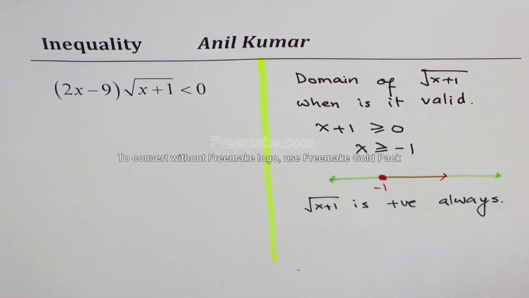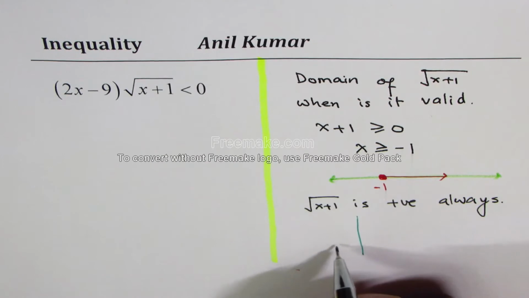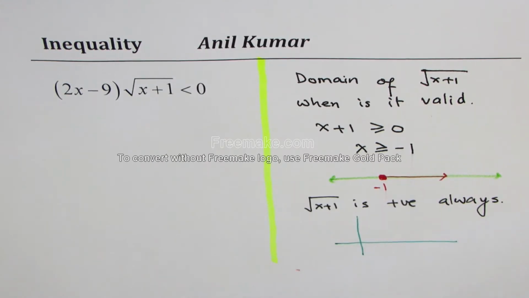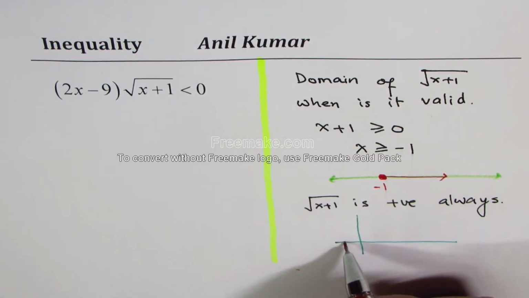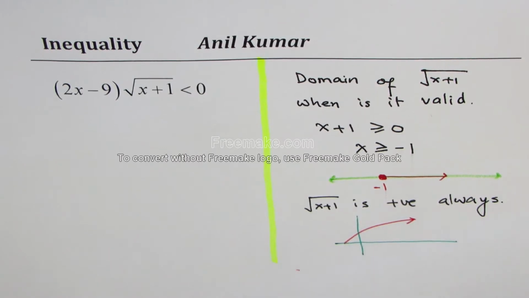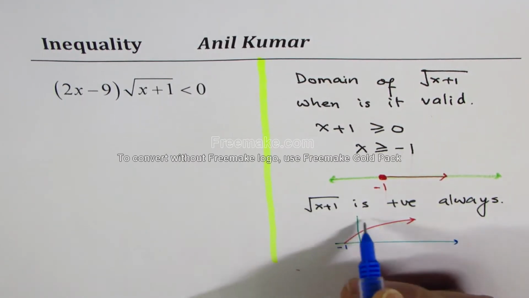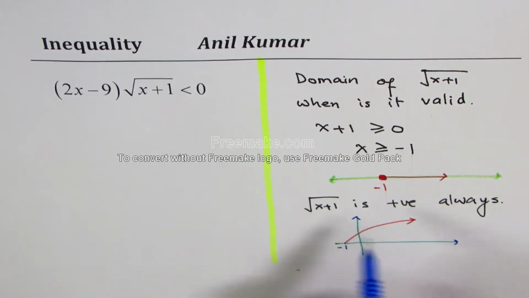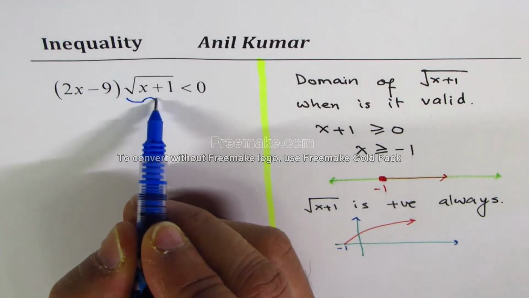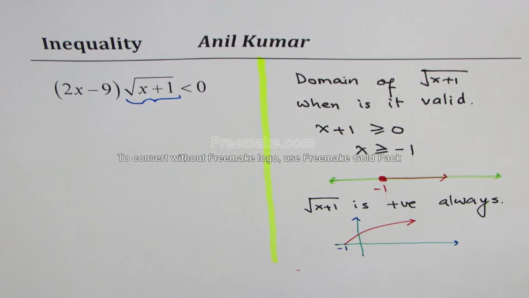If you want to sketch it, just to give you a background, this function will look like this, where this value is minus 1. So I hope that brings together everything about this part of the function. So we know it is positive.